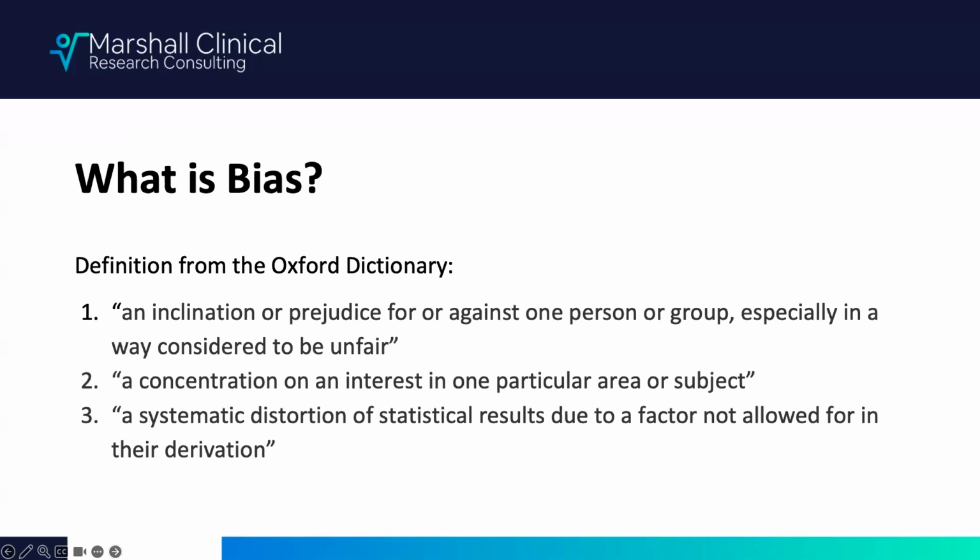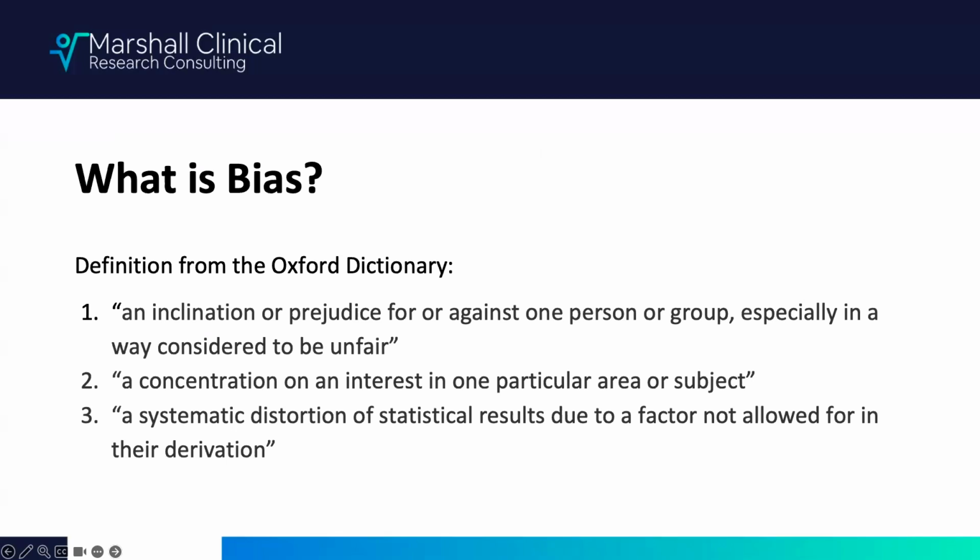All right, we will move on into talking a bit of our core content today, which is diving into bias. So, what is bias? Bias can mean a few different things. If you look at the Oxford Dictionary, there are a few different definitions actually.